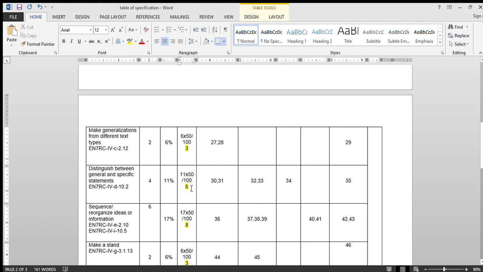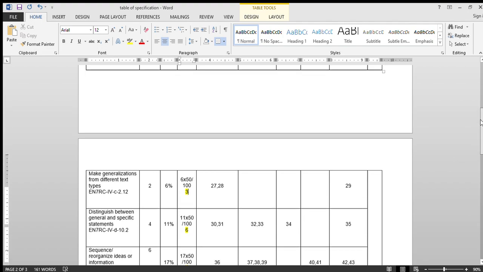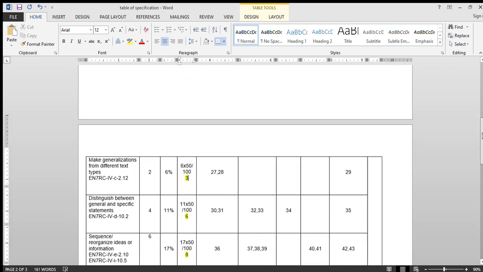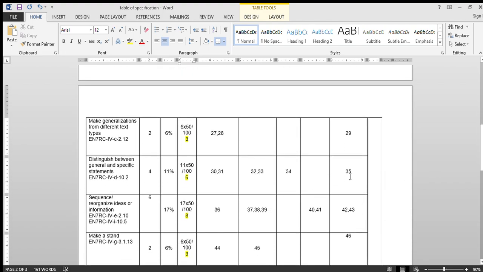Next, we have six number of items. I placed 30 and 31 for remembering, 32, 33, 34. Then I did not put in analyze, so I just put the 35 in evaluating. So again, it's up to you where you are going to place the test items.